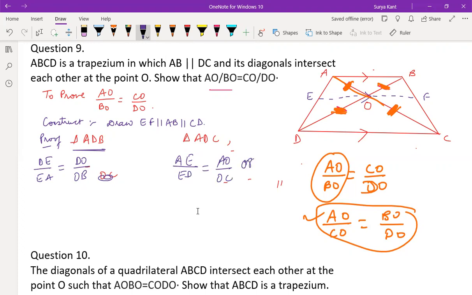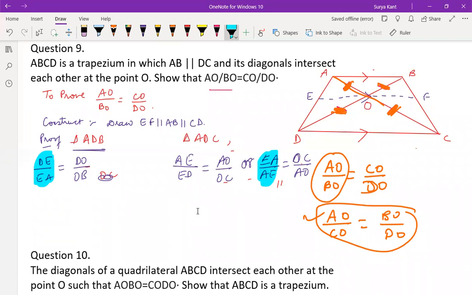Or we can write it the other way, ED by AE is equal to OC by AO. Now see, both are the same here. In this case, what is happening here? This is DE, AE by AD, and ED.